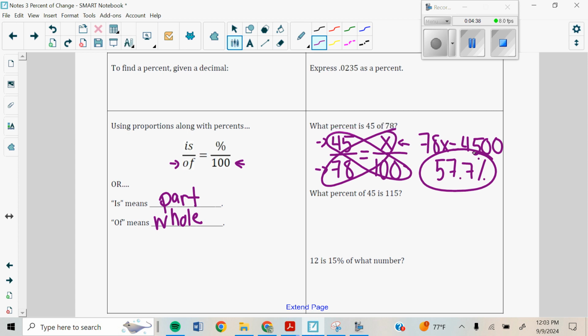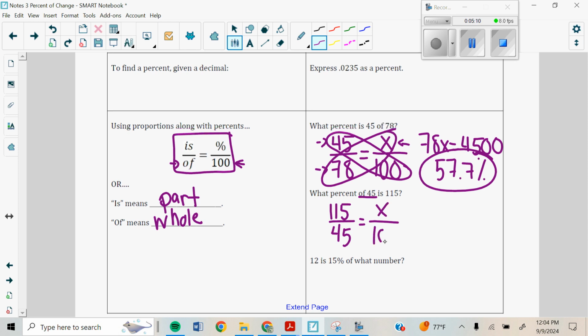All right, go ahead and try this next one. What percentage of 45 is 115? Just see if you can plug it into your is over of equals percent over 100 correctly first. I'll give you a few seconds. If you need more than that, feel free to pause it. So it says what percent of 45? That means 45 is my total number and 115 is my is. Don't automatically assume the big number goes on the bottom and the small number goes on top.